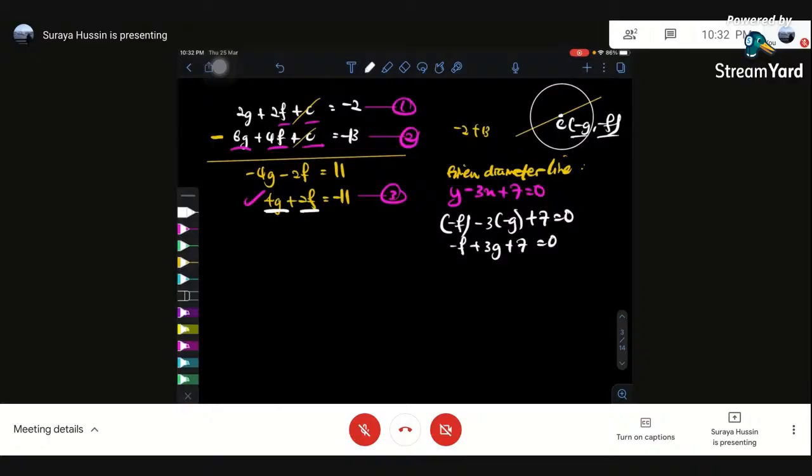But this is not what we want. What we want is we need to compare it with this one, right? Tapi tak ada yang sama. Koefisien dia tiada yang sama. Jadi better lah saya jadikan F sahaja sebagai subjek. Bila jadikan F sebagai subjek, I will get 3G plus 7 and then I sub into this F. So sub what?